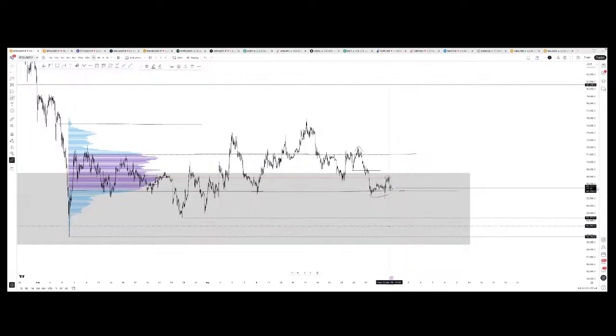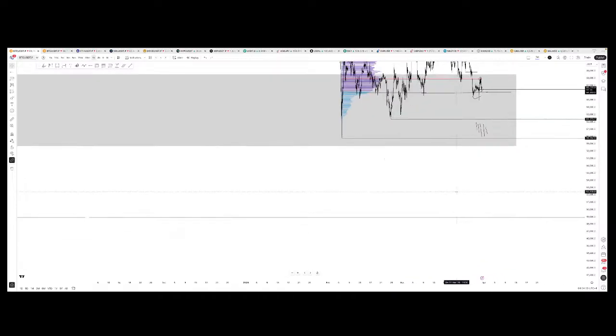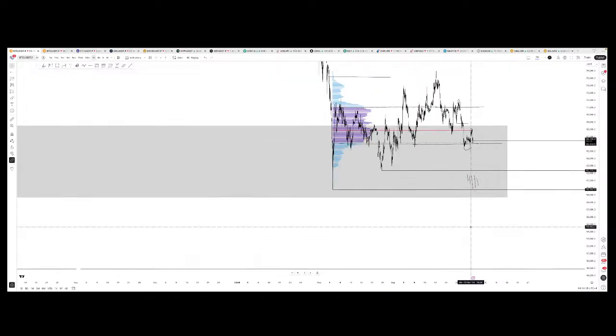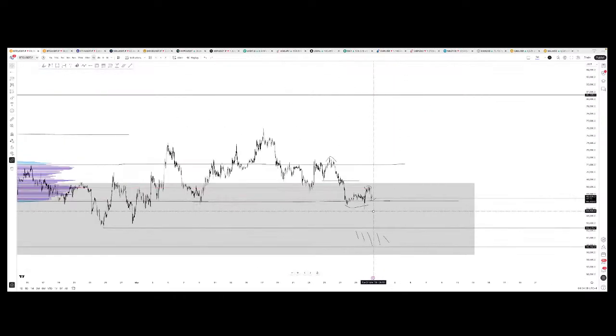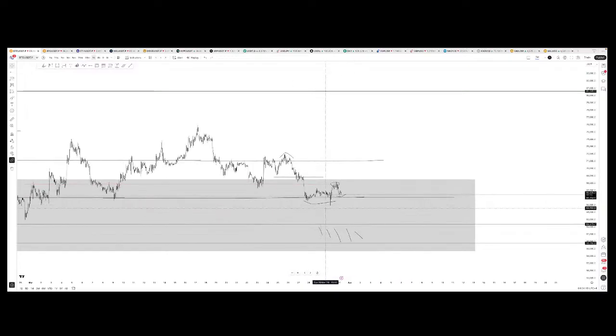The main POIs for long right now are either in this specific zone, 62.2 to 59.8, or below at 49 or even 48. But that's a crazy move if that's gonna happen.